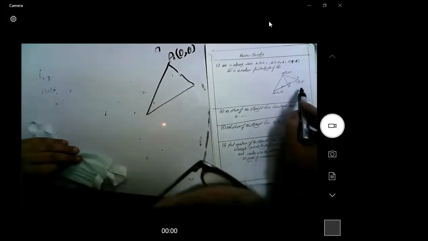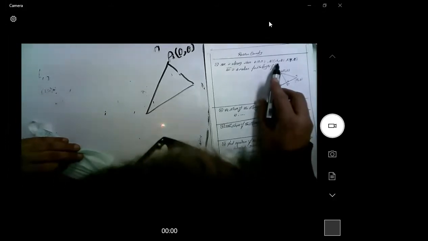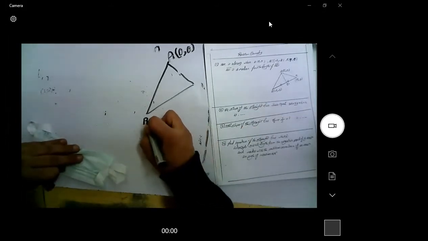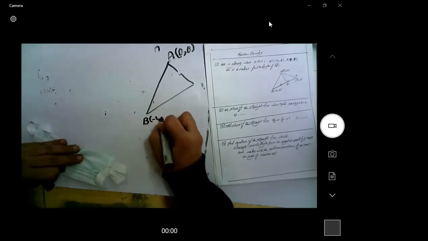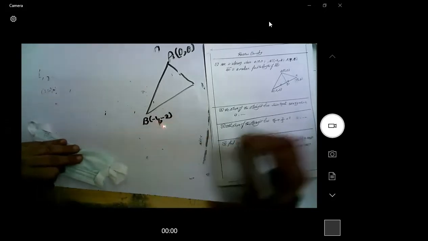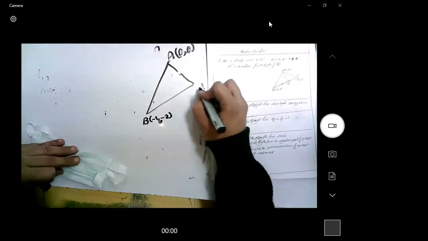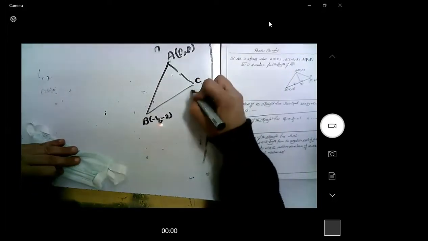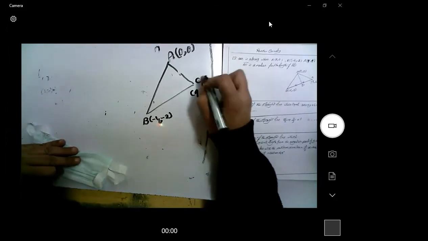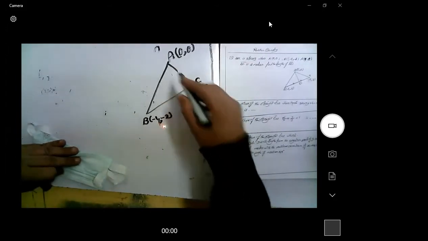B is the point -1, -2. C is the point 9 and 8. Now we have the three vertices of triangle ABC.